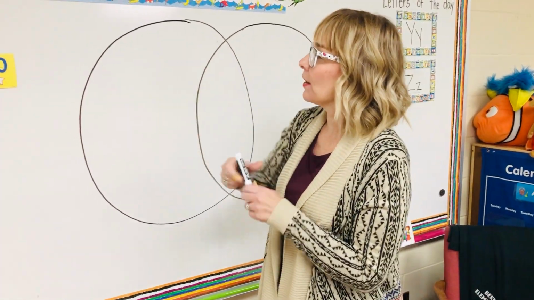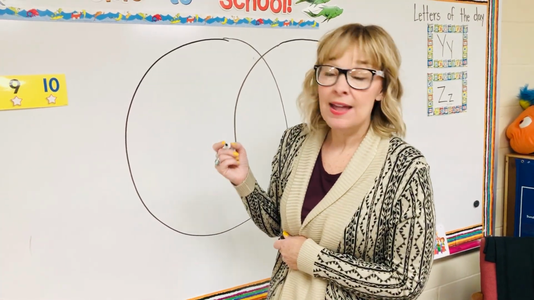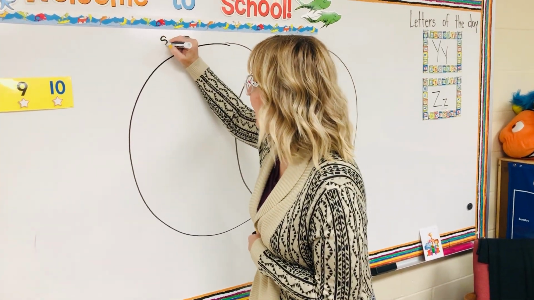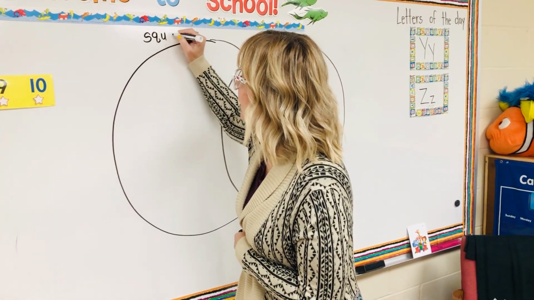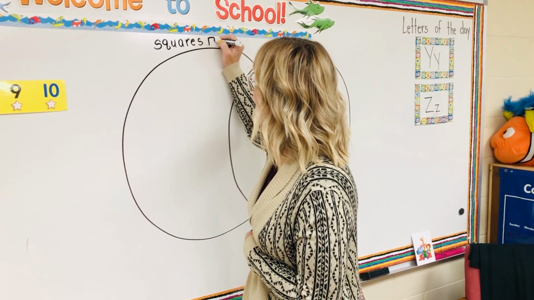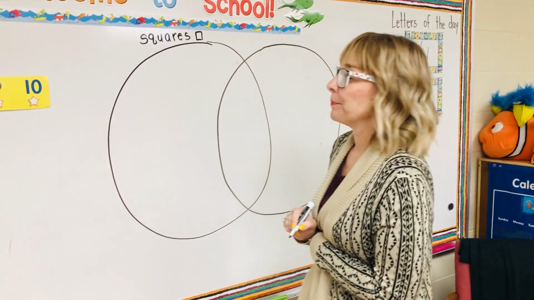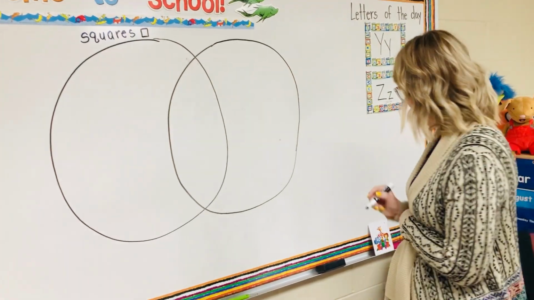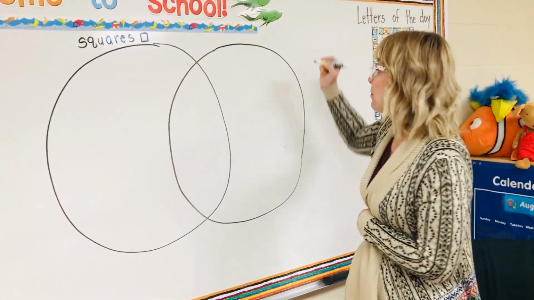Okay, so over here we're going to put all the shapes that are squares today. So I'm going to write the word squares, and I'm going to draw a square to help you remember. And then over here, all the shapes that are blue.